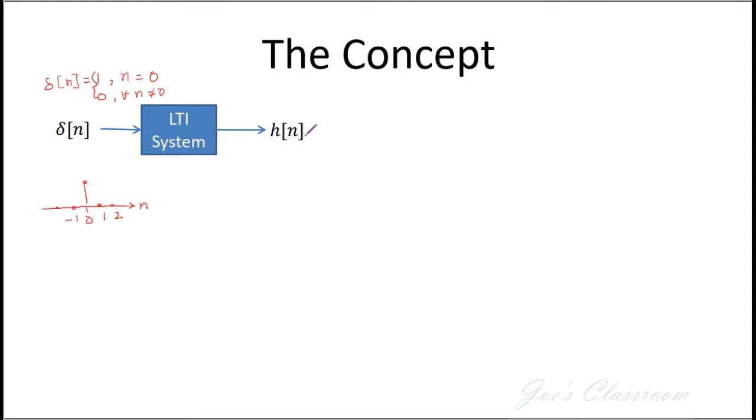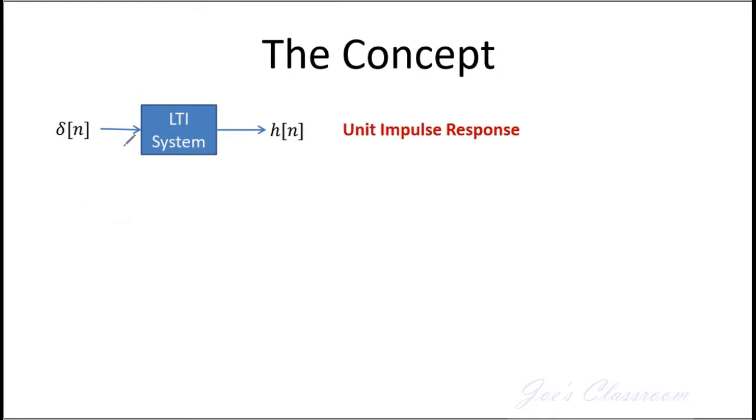Since h of n is the response of this system for a unit impulse input, we will call this response the unit impulse response. Also, let us assume that for the given system, this unit impulse response is known to us.